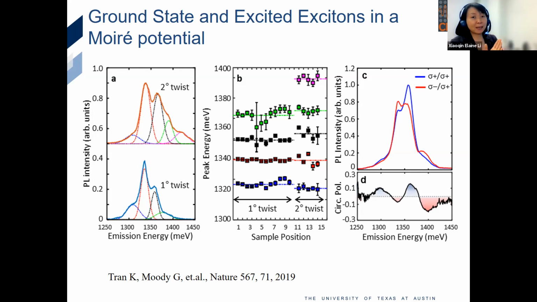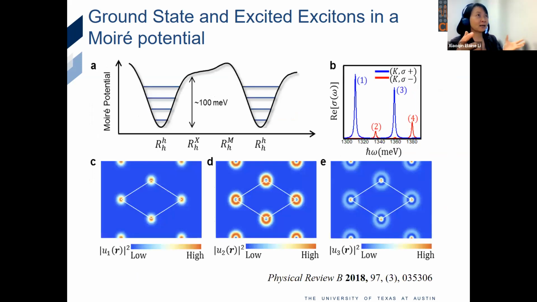We also debated why the exciton created should stay at different spatial locations in the Moiré supercell. There are alternative pictures. If you imagine, here's the Moiré potential landscape observed by the exciton. If it's deep enough, I can actually have a 1s-like exciton, the ground state exciton.